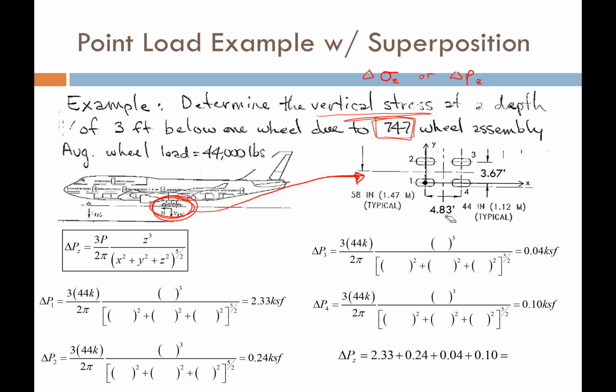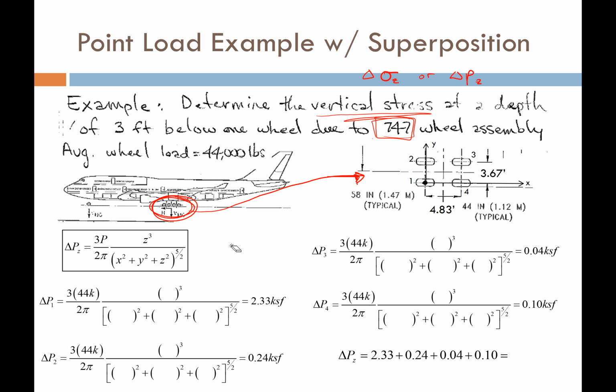So we can see that the wheel spacing is 4.83 feet in the X direction, and in the Y direction the spacing is 3.67 feet. What I want to do is compute the stresses beneath this wheel right here at a depth of 3 feet below the ground surface.